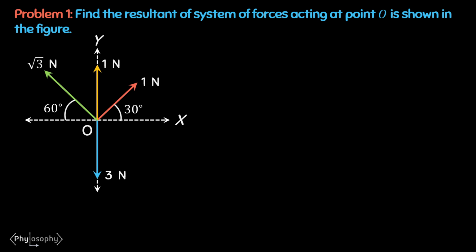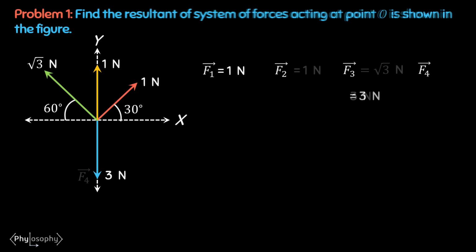So first let us denote the forces by F1, F2, F3 and F4. That is, F1 is equal to 1 Newton, F2 is equal to another 1 Newton, F3 is equal to √3 Newton and F4 is equal to 3 Newton. Now the force F1 makes an angle of 30 degrees with the positive x-axis.